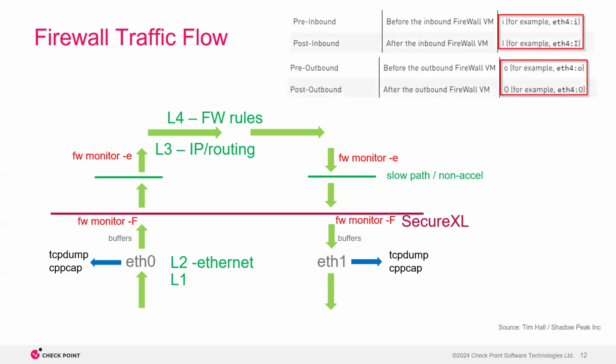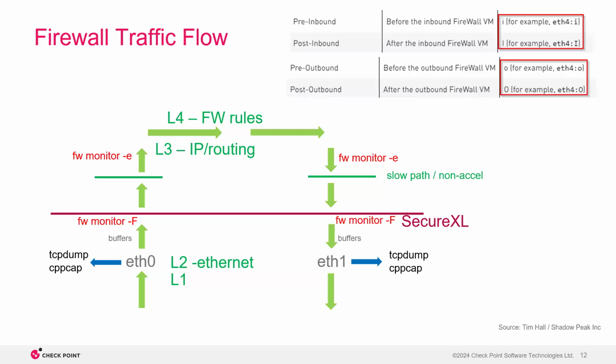When you're looking through the FW monitor logs, our main example here is going to be i, I, o, and O. So pre-inbound, post-inbound, and pre-outbound, post-outbound. I'll show you in a second what that SK was again, but you also see different things like d's and q's for QoS and decrypted traffic and encrypted traffic, things like that.